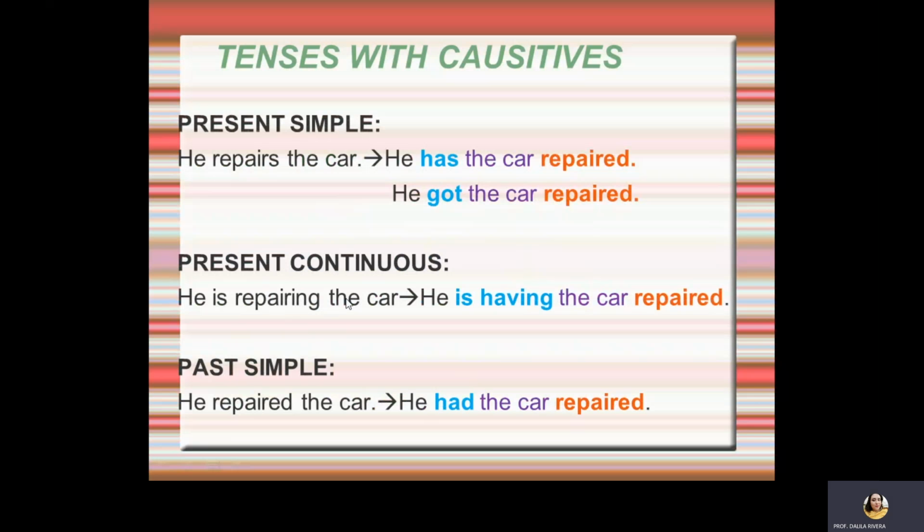Present continuous. He is repairing the car. He is having the car repaired. Past simple. He repaired the car. Using the causative, he had the car repaired.